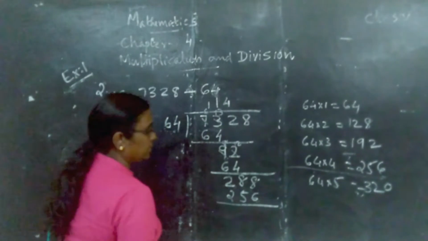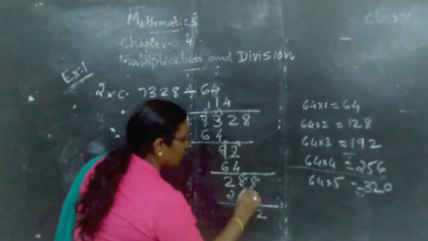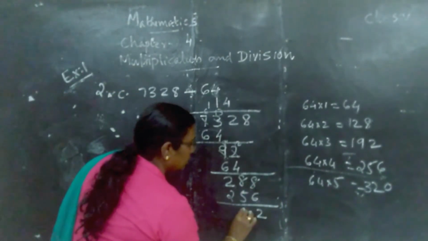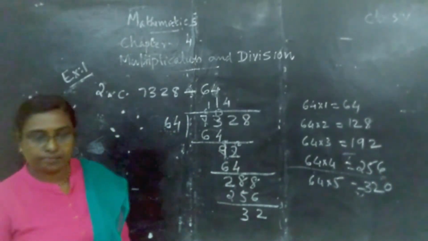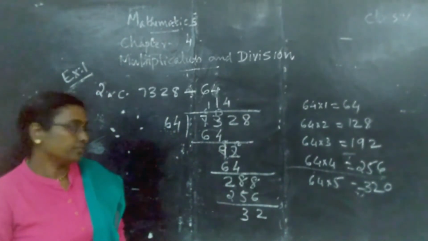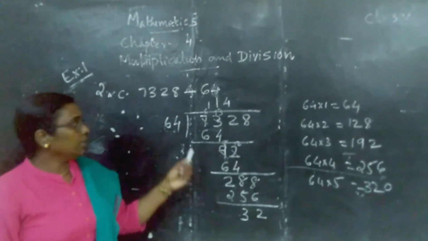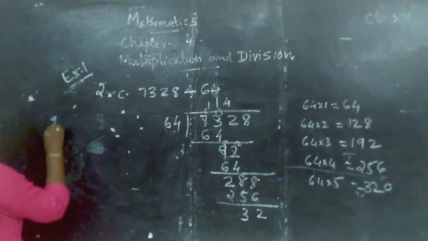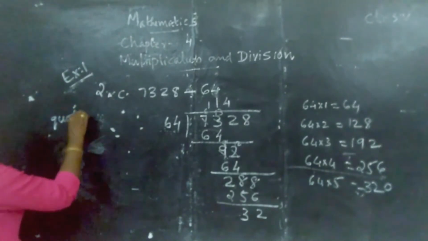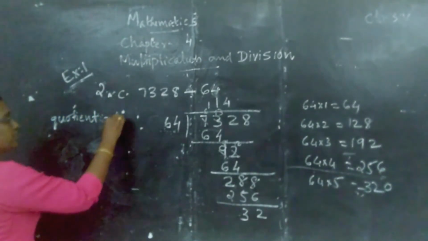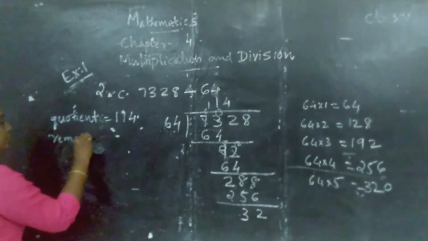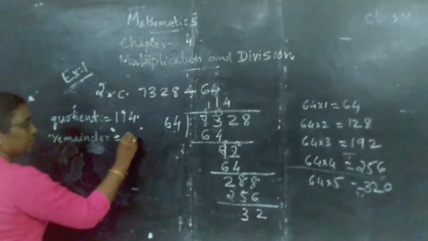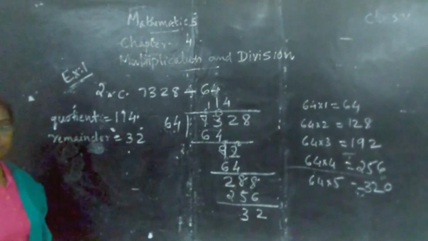Then subtract. 8 minus 6 is 2, 8 minus 5 is 3, 32. Here the answer is quotient equal to 114 and remainder equal to 32. Okay.